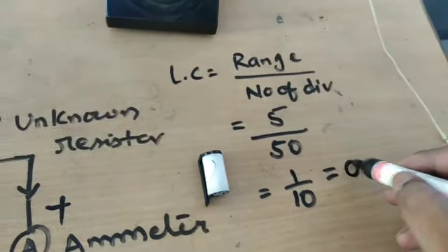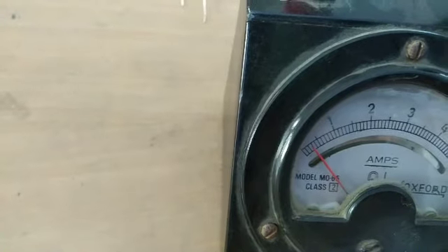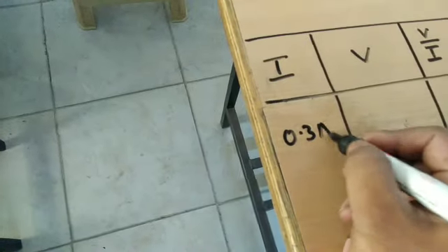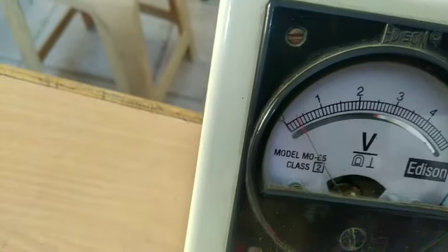So one division here indicates 0.1 amperes. The reading in the ammeter is the third division, so the reading of the ammeter is 0.3 amperes.